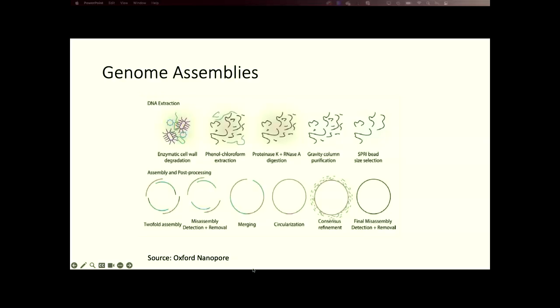So we can say that our ideal is to get this fully circularized double helix, and bacteria can have really tough cell walls, as well as some plants. So we often need to use an enzyme or chemical to break down the bacteria and use nasty chemicals like chloroform to extract the DNA before we sequence it.